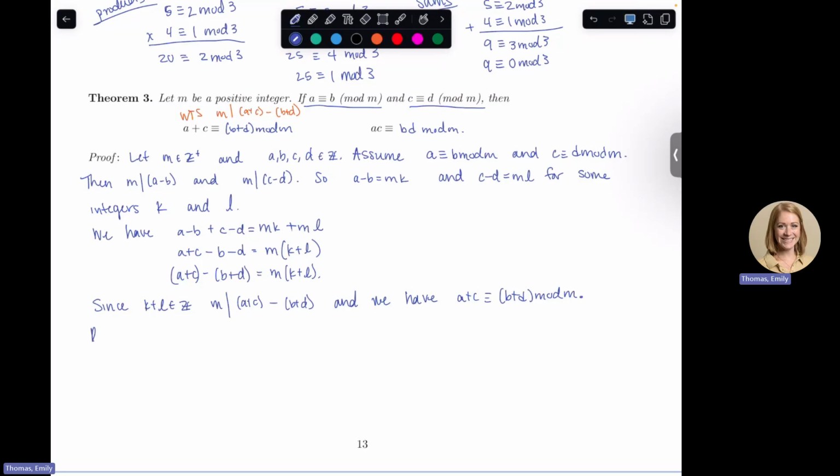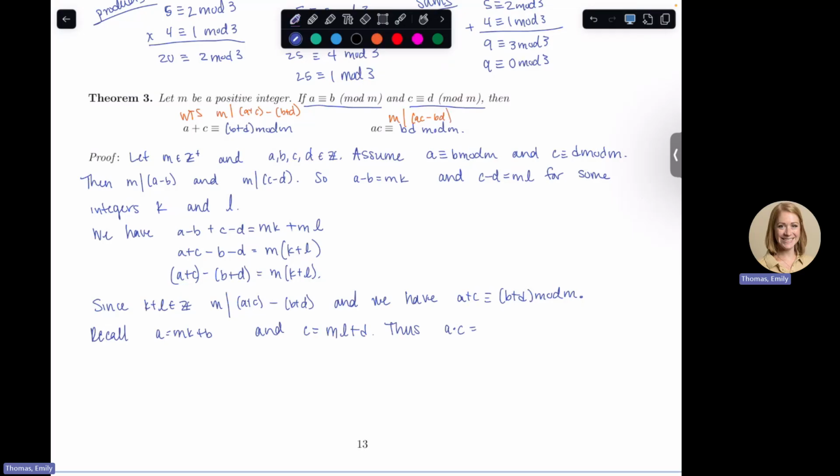All right, now we're going to recall A is equal to MK plus B and C is equal to ML plus D. Thus, A times C, because over here we're trying to show that M divides AC minus BD.